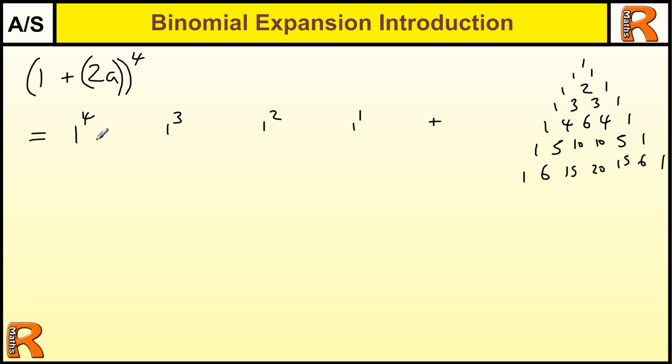2a to the power of 0 is just 1, so we ignore that. 2a to the power of 1 is just 2a. Then we're going to have that times that, and then we're going to have 2a squared, and then we're going to have 2a cubed. Oops, that needs to be outside the bracket.